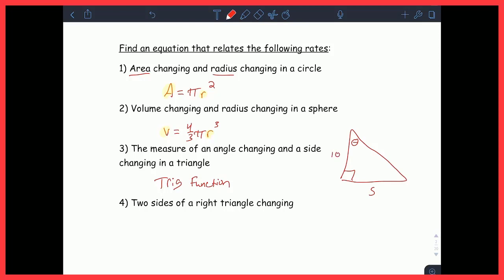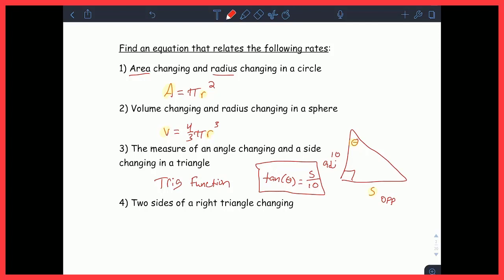Then you'd have to understand that the one function that relates these two rates, the angle and the side, is a trig function. Specifically in this example, you have the opposite side and the adjacent side. So the trig function relating these two rates in the picture drawn is the tangent function. Tangent of theta is equal to opposite s over adjacent 10. And this is your formula that relates the two rates. It's a single formula that contains the variables theta and s that you need.